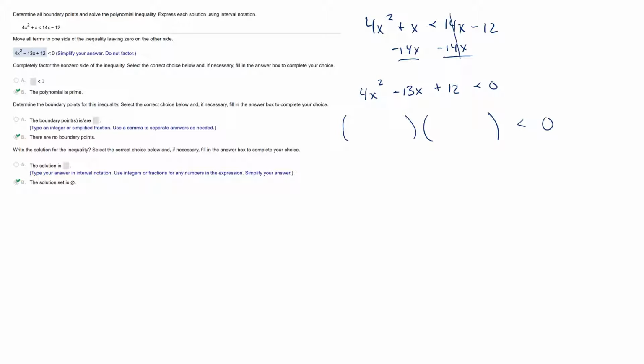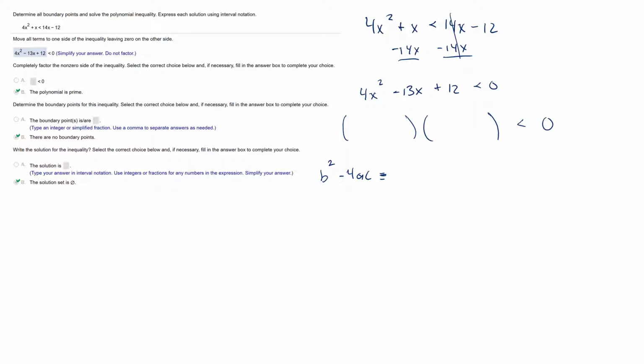One way to check to see if a trinomial will actually factor or not, before spending like 30 minutes trying to find the right combinations, is we can calculate the discriminant, the b squared minus 4ac. In order for a trinomial to be factorable, the discriminant has to be a perfect square.